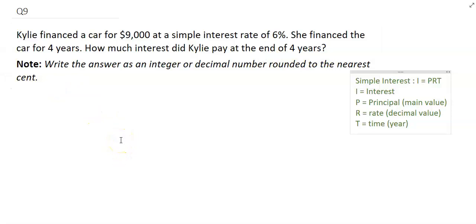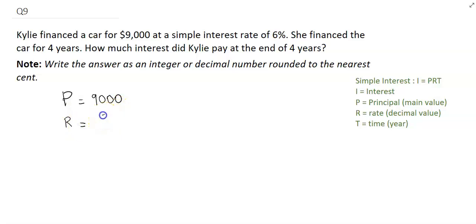Okay, so what do you know? You know the principal, the main value. The main value that's being financed is the $9,000. The interest rate is 6%.